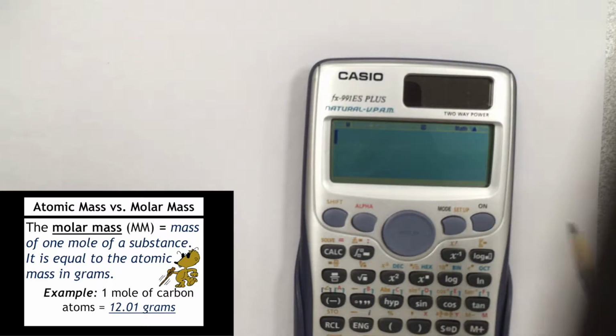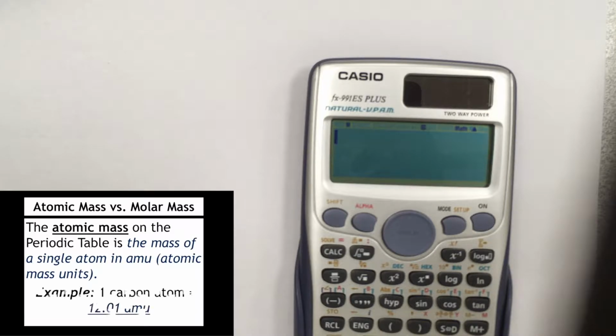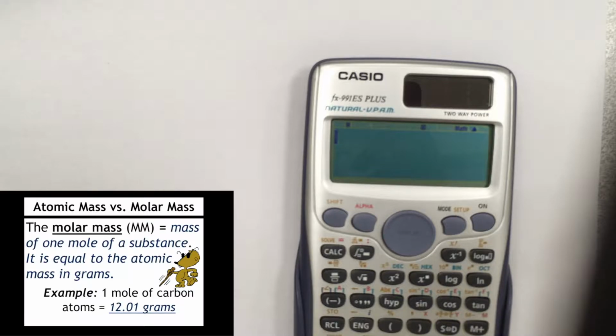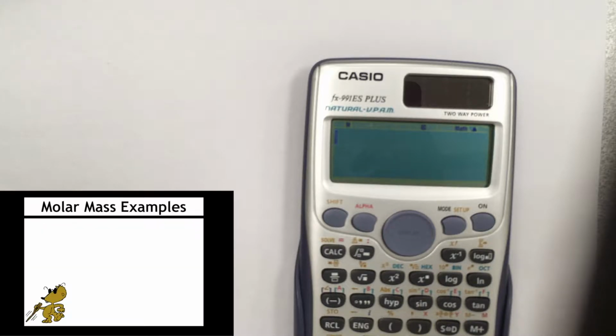The only thing that's changing are the units. With molar mass, the units are grams, and with atomic mass, the units are AMUs. Those you have both been exposed to, so they should be pretty familiar. So we're going to look at molar mass examples, and how to calculate molar mass.